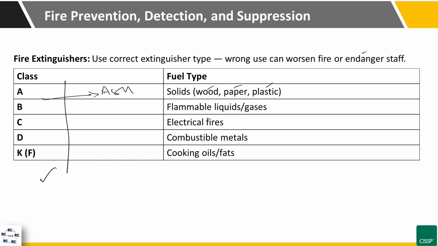Class B is used for flammable liquids and gases. Class C for electrical or electronic fires. Class D for combustible metals. And class K or F for cooking oils and fats.